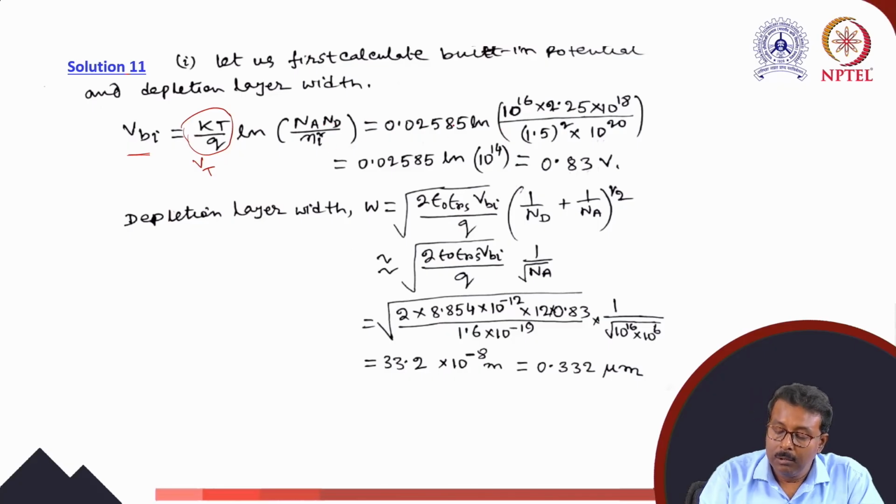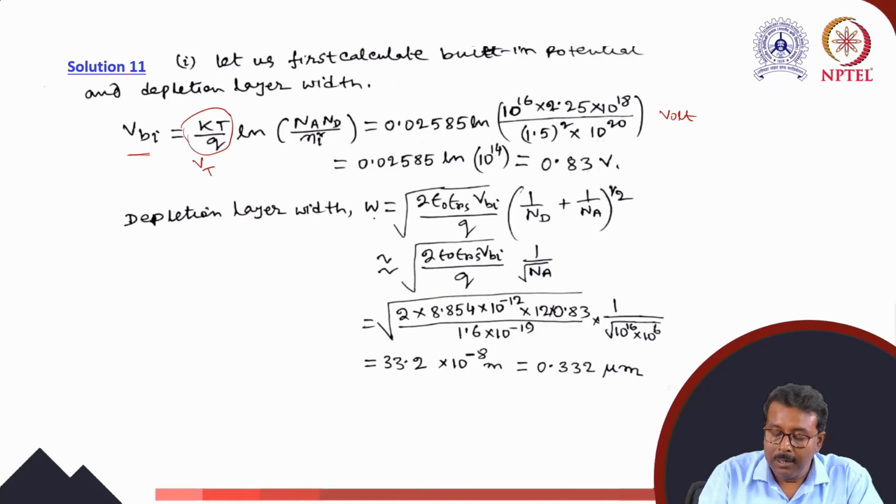If you put the values 10 to the power 16, 2.25 into 10 to the power 18, and ni squared is 1.5 into 10 to the power 10 squared, that is 1.5 squared into 10 to the power 20. The VT value is 0.02585 volt, 25.85 millivolt. It is coming 0.83 volt. The built-in potential is found.